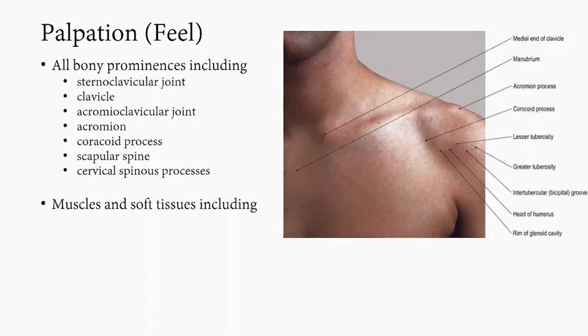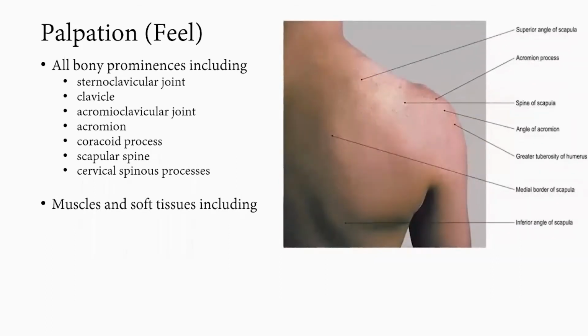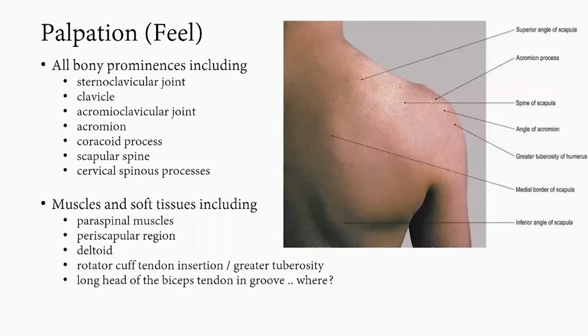Also from the front you can palpate the bicipital groove. You can reach the bicipital groove in neutral rotation 1 cm lateral to the coracoid process. Also from the back you can palpate the scapular spine, the scapular borders, and the infraspinatus and supraspinatus muscles.